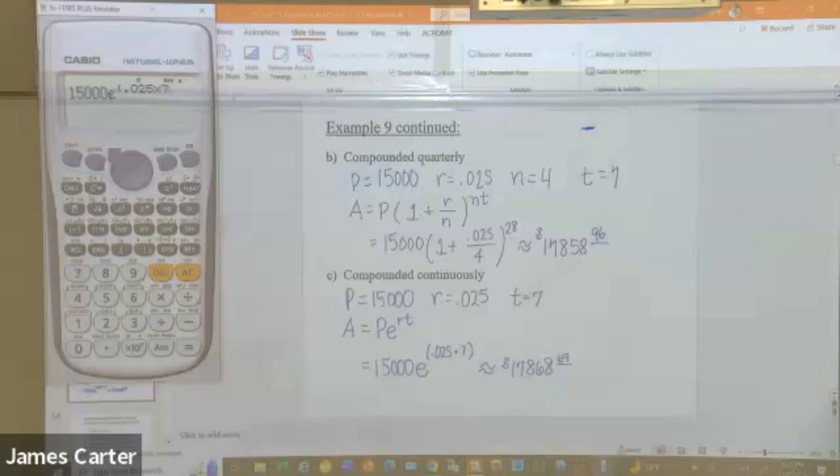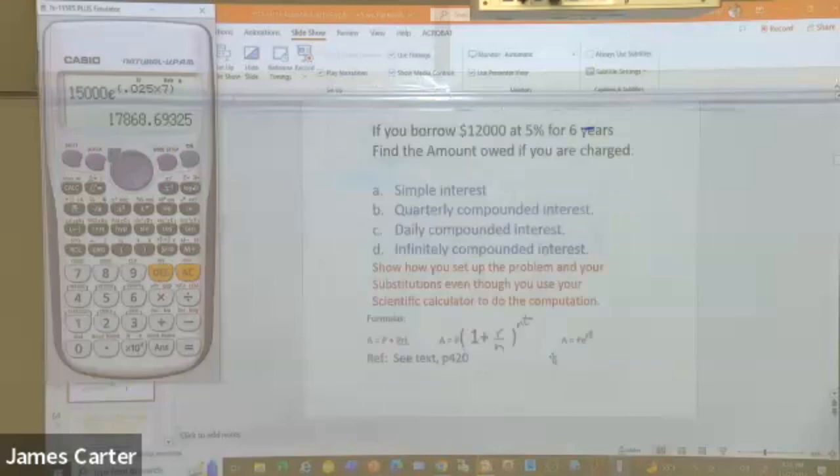Close up that parentheses, and now I can hit my equal sign. As you see, I made even more money, an extra $10 compared to quarterly. So interest calculations make a difference. And with that, we're going to have to stop.